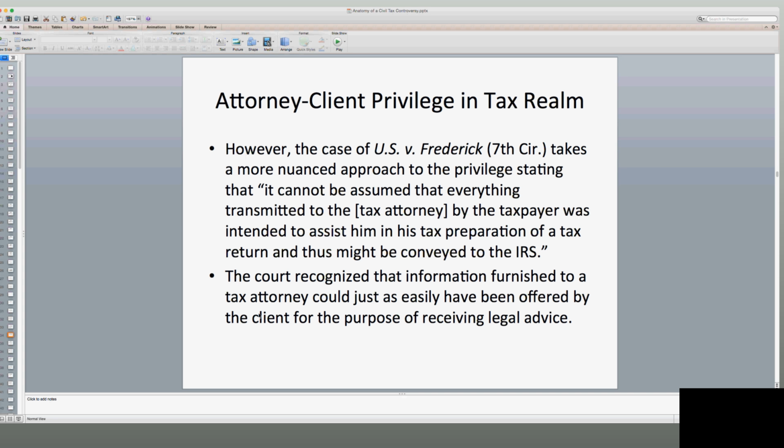The courts are basically inferring that if the client is sharing information with the attorney, and the attorney is providing advice that the client will use to take a position on the return, the client can't possibly expect that to be privileged, because the client knows that by the mere fact of filing the return, it's going to be seen by parties outside of him and his attorney.